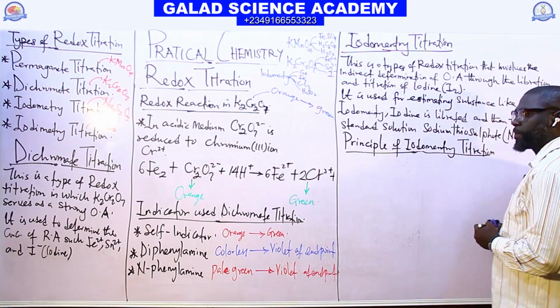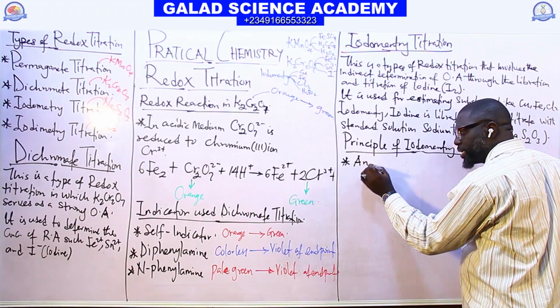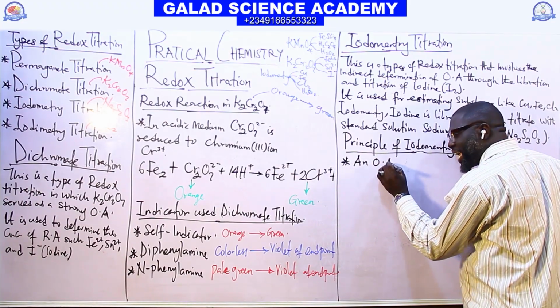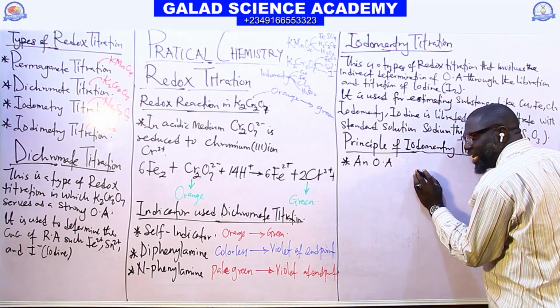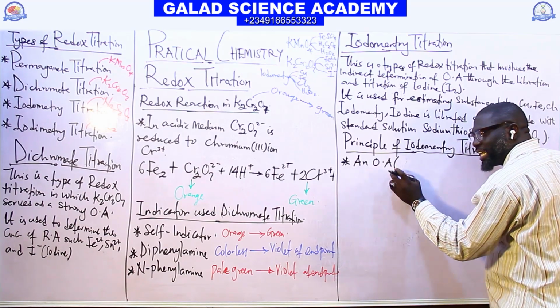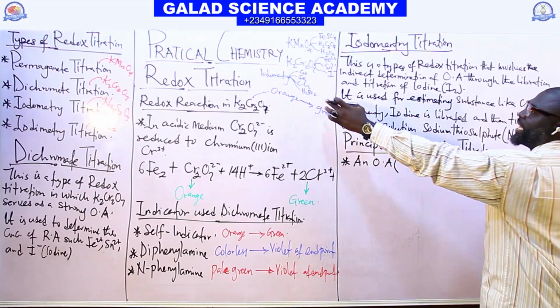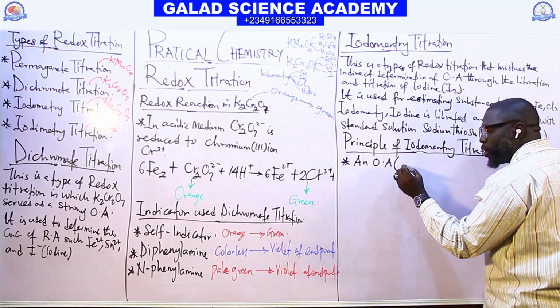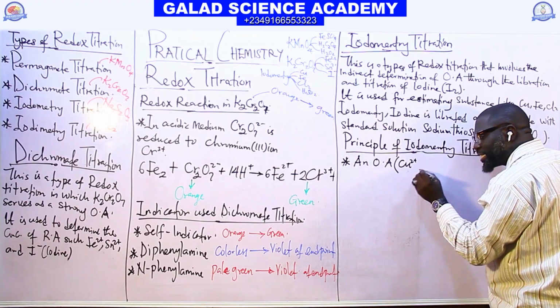One, an oxidizing agent. The oxidizing agent for this titration, with these three things I mentioned here, may be copper ion. Please note that.